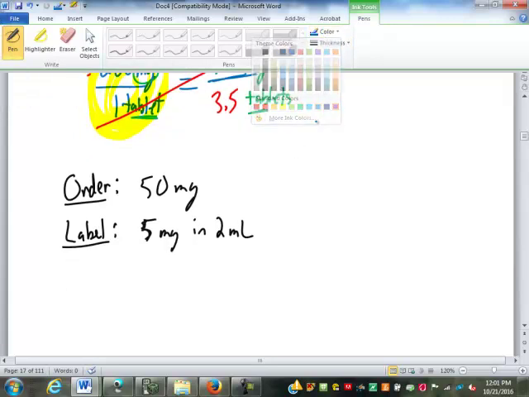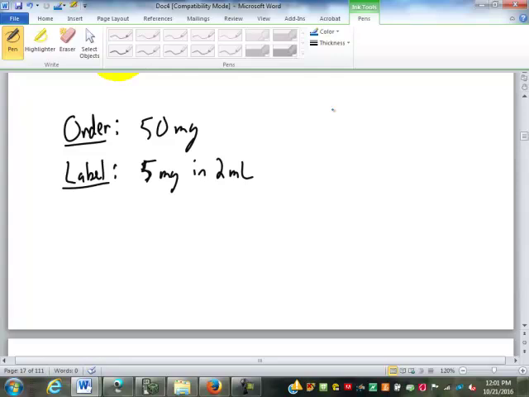Again, we start with what's on the label. The label is 5 milligrams in 2 milliliters. What goes on the other side has to match up. This has to be milligrams. This now has to be milliliters, has to match that unit.